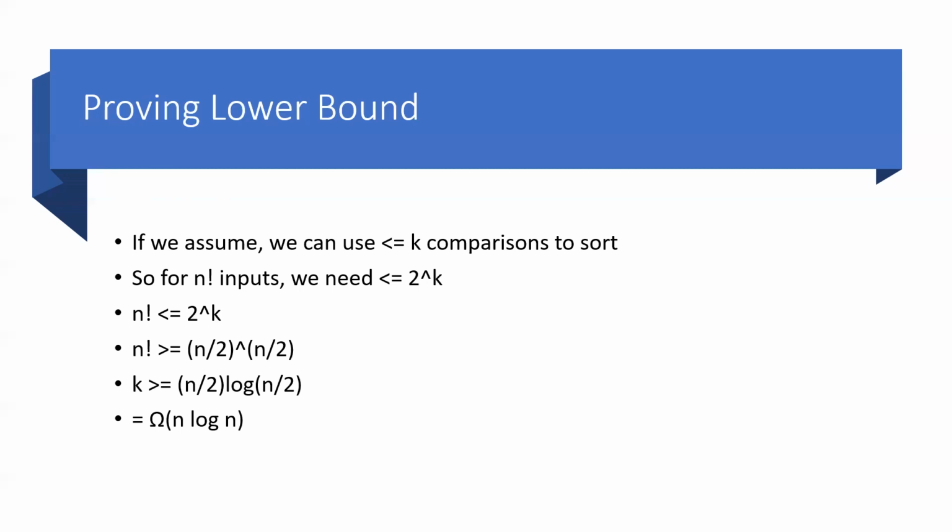And n factorial is greater than or equal to n over 2 to the power of n over 2, which we can use to simplify the problem. Then for 2 to the power of k, we take the log of both sides and get that k is greater than or equal to n over 2 log n over 2, which is more generally n log n.